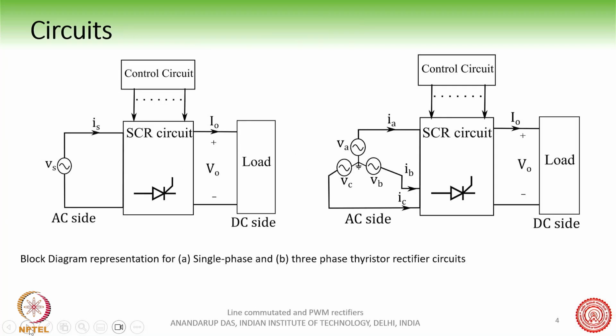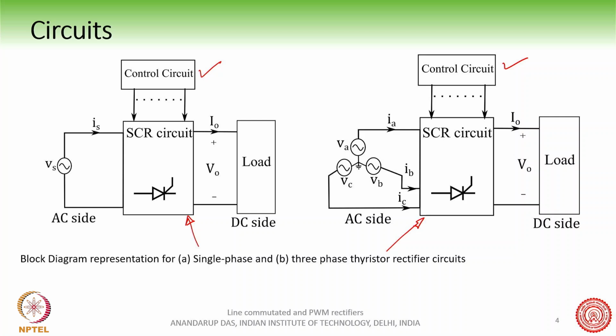If you see the thyristor rectifiers, both the single phase and the 3-phase variants are possible. Here you can see the single phase variant and here is the 3-phase variant. We have a control circuit, and this control circuit is used to fire the thyristors.